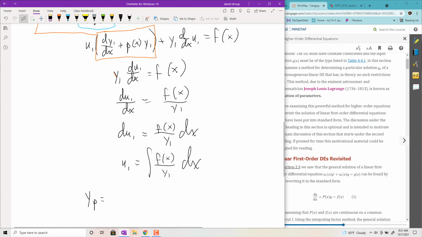Okay, so u1 times y1. I'm going to put y1 first, so I have y1 times u1, where u1 is the integral of f of x all over y1 dx, and then do substitutions for y1.